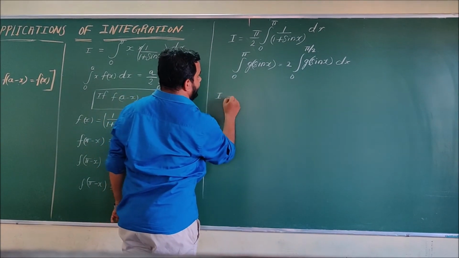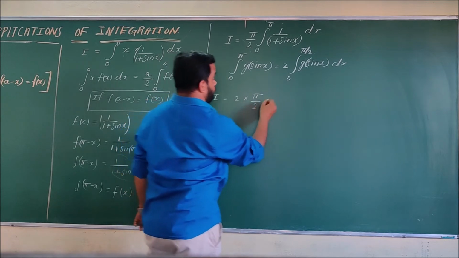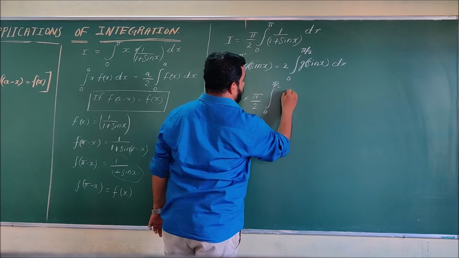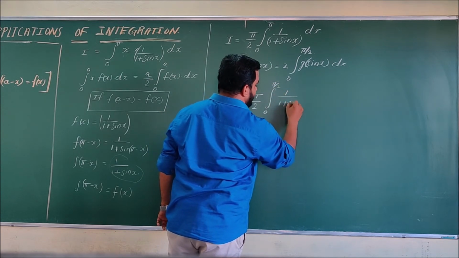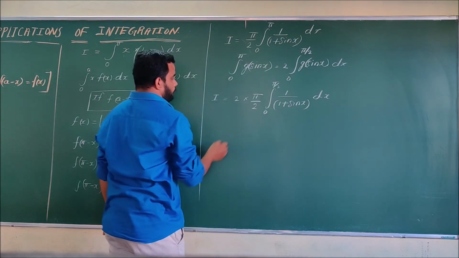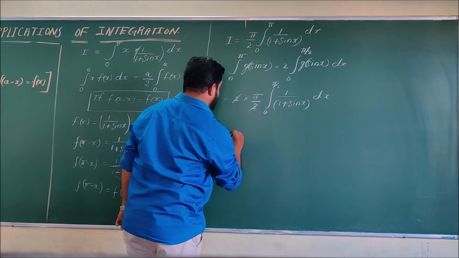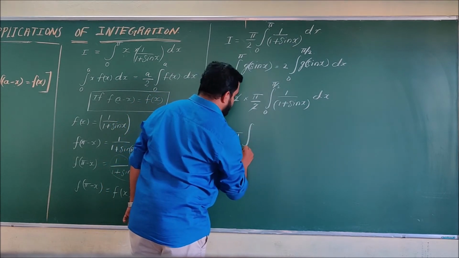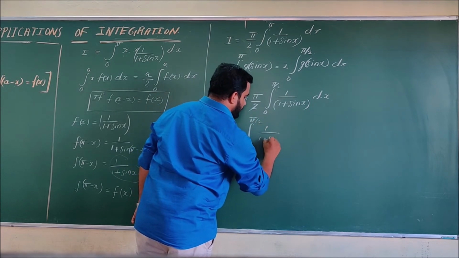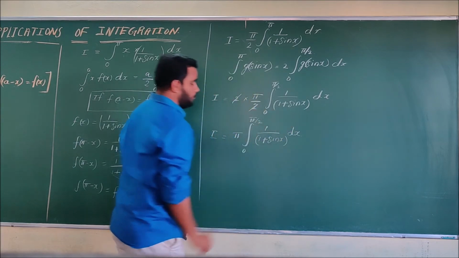So I is equal to 2 into pi by 2, the integral of 0 to pi by 2, 1 by 1 plus sin x into dx. Now we cancel these 2. So we got I is equal to pi into the integral of 0 to pi by 2, 1 by 1 plus sin x into dx.